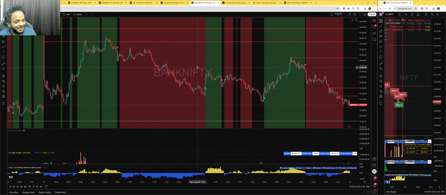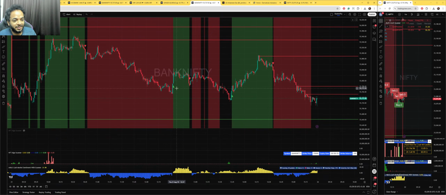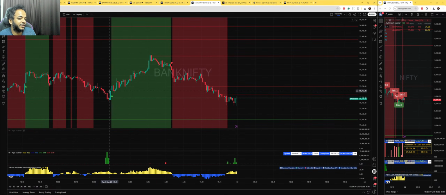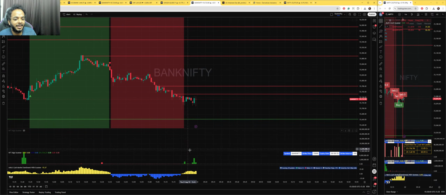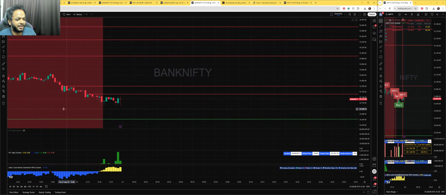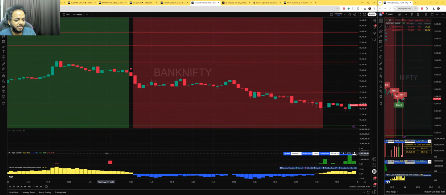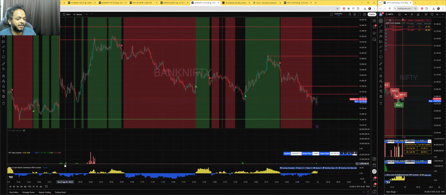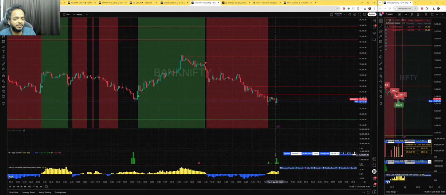It went down twice, and this was a nice opportunity. And then this was the next opportunity right there, 3 times perfectly it went up. And here again there was some put buying, if you see. So in Bank Nifty also we got the signal once, twice, thrice, 4 times, 5 times. Out of 5, once it did not work.